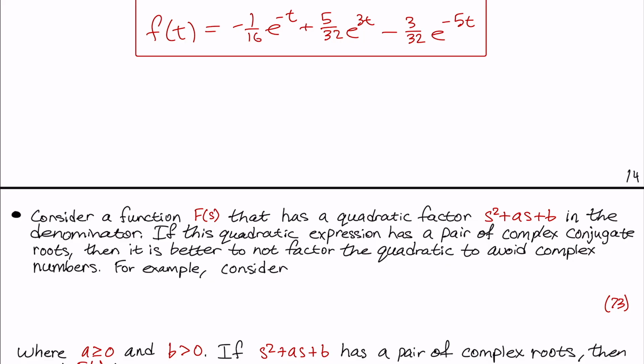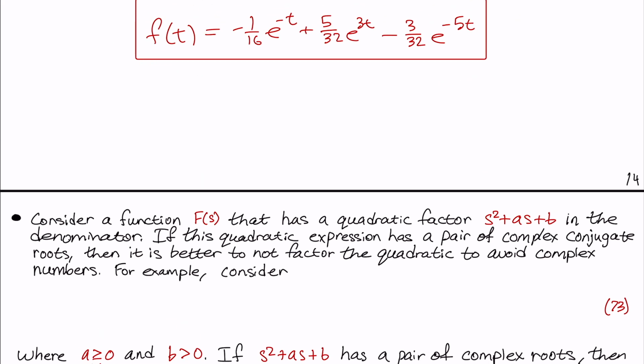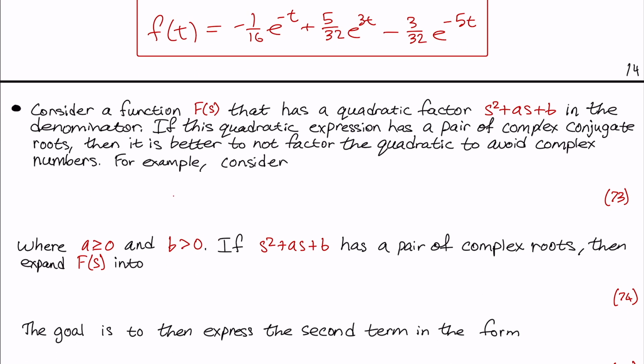So for example, we're going to consider here F(s) equal to, just as an example, some P(s) divided by s times (s² + as + b), where a is greater than or equal to 0 and b is greater than 0.